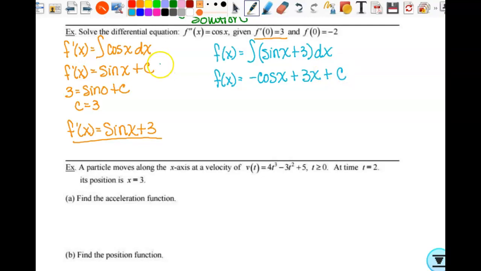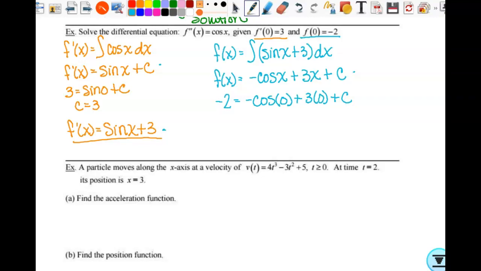So remember, this is my general solution, so I got to get the particular one. They've told me that f of 0 is negative 2. So negative 2 equals negative cosine of 0 plus 3 times 0 plus c. And it's fine not to write the 3 times 0, but again, I don't want to lose you.